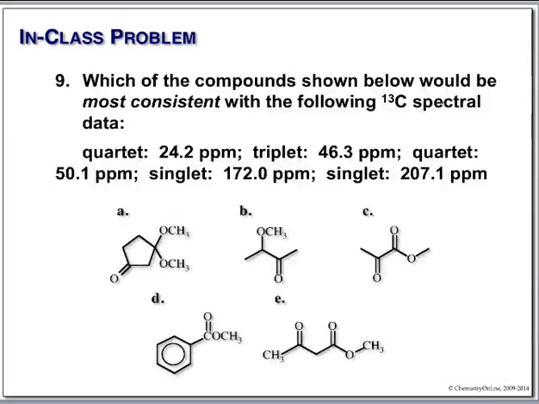All right, which of these would be consistent with the C13 spectral data shown here? There are several ways you can look at this. Let's just run down through our list here first of all, and just get a feel for what these things are.